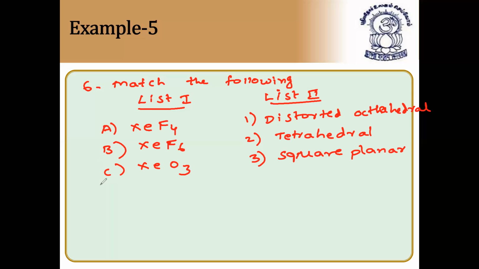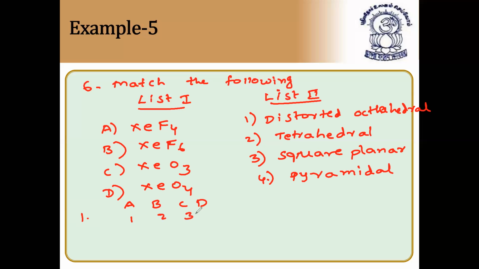And option 4, that is D, xenon tetroxide. Option 4 is pyramidal shape. Now the correct options. First option, A, B, C, D: 1, 2, 3, 4.